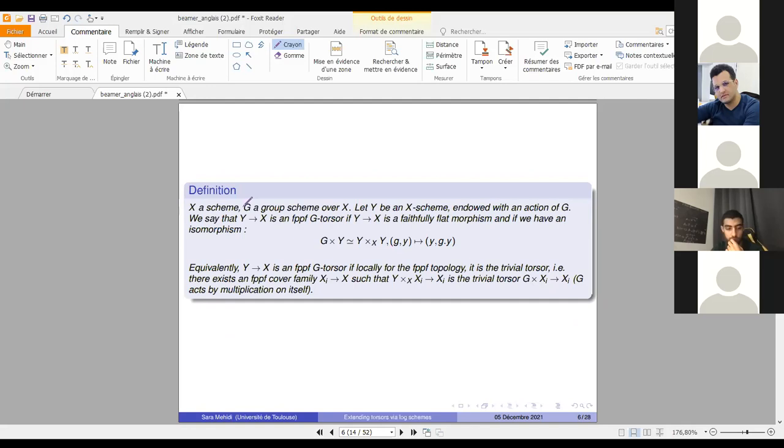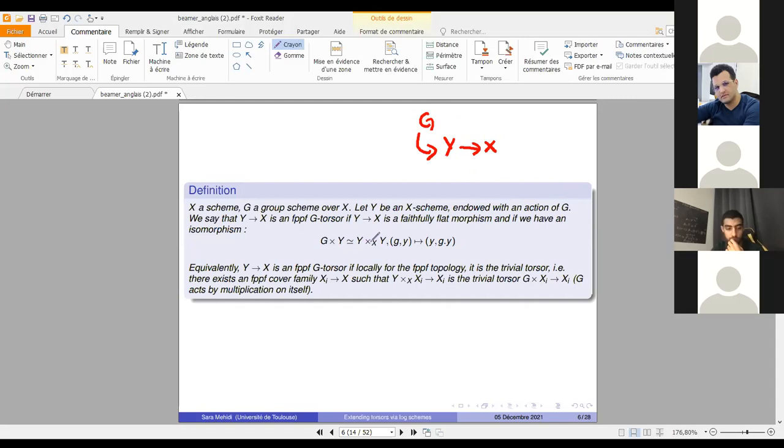I take G to be a group scheme over X. I will say that Y is a scheme over X. This morphism is faithfully flat, and G acts on Y, and I will say that this is a torsor if the action of G over Y is free and transitive, which is equivalent to saying that this morphism given by the action of G over Y is an isomorphism.